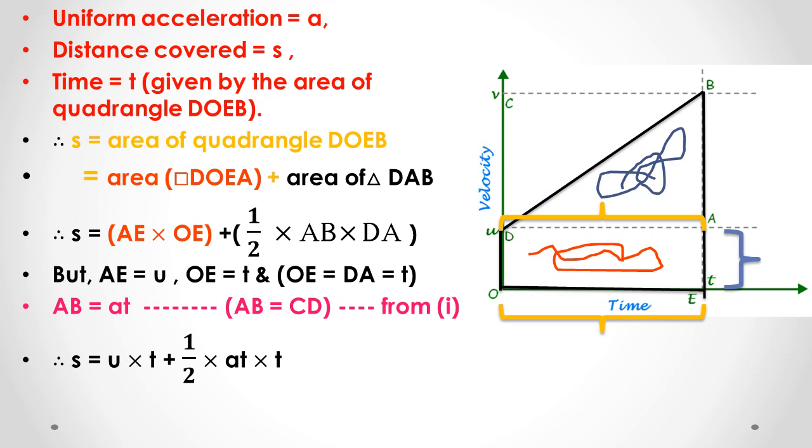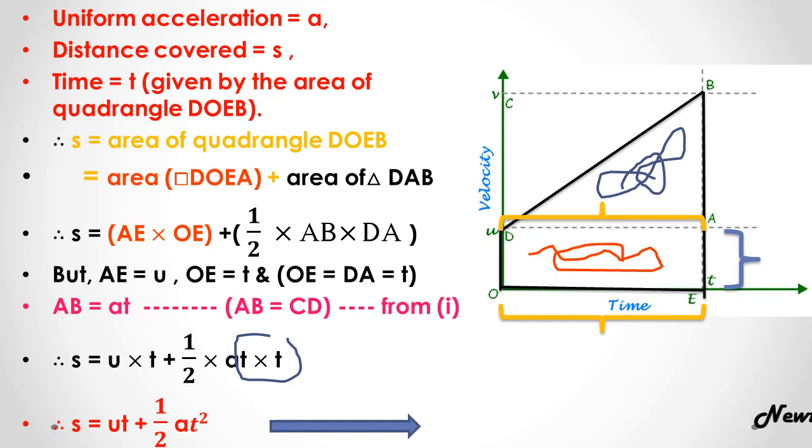Because OE is equal to DA is equal to T. Now therefore our final equation will become S is equal to UT plus half AT square, since T multiplied by T is T square. So this is our second equation of motion, that is S is equal to ut plus half at square.